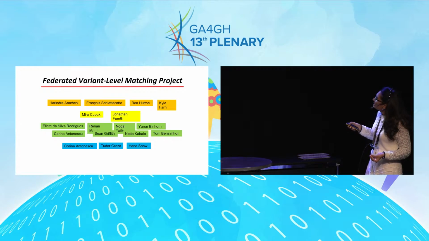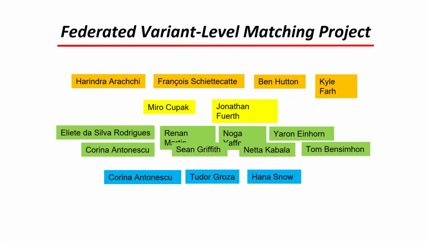And then after that came Miro and Jonathan working on the discovery work stream and developing the Data Connect API that we thought we would use for that. Then the next generation, there are people from Hopkins, people from the Franklin team, and that was a discussion that took a year to decide between the Data Connect API and the Beacon API.